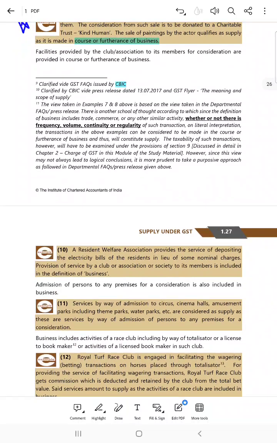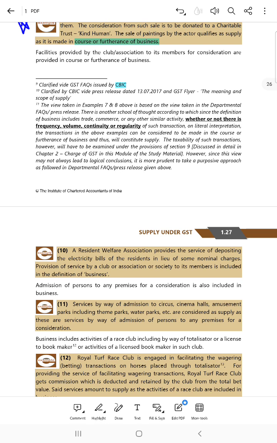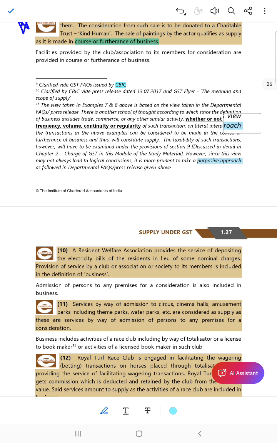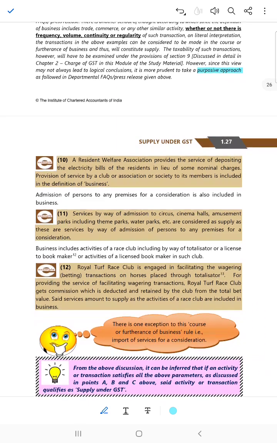Now, however, since this view may not always lead to a logical conclusion, it is more prudent to take a purposive approach. What is the purpose of this transaction? So we have to take a purposive approach as followed by the departmental FAQ.